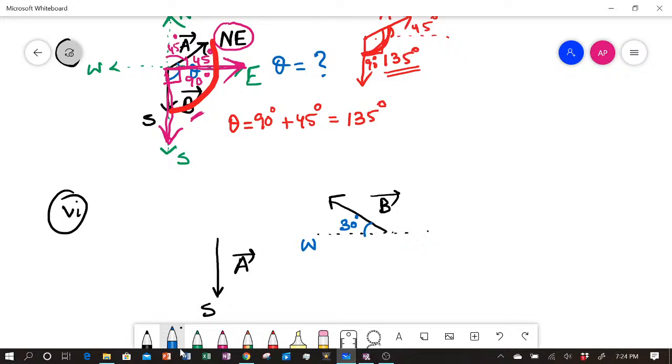Then what would be the angle between A vector and B vector? Calculate the angle between A vector and B vector.